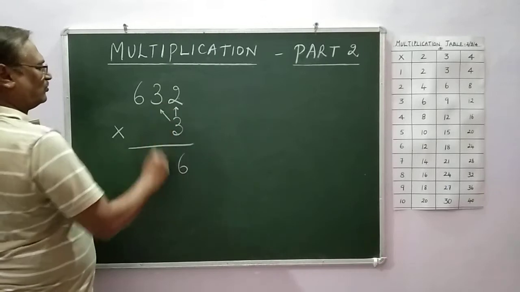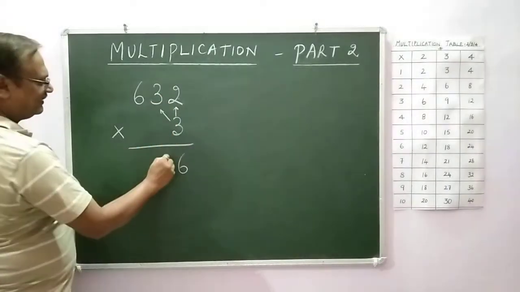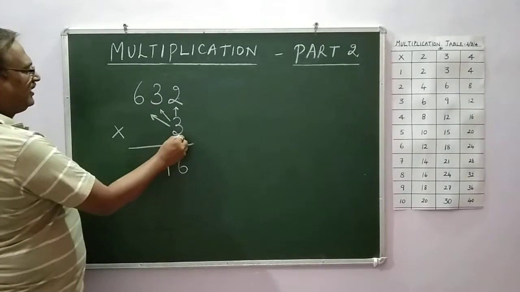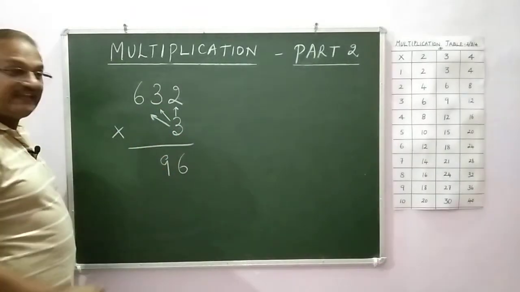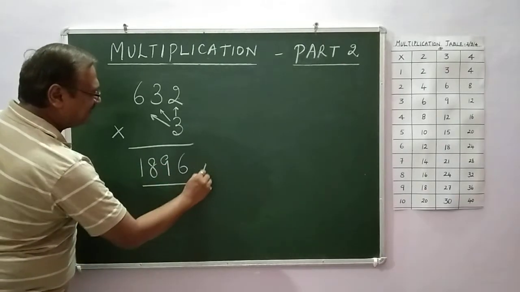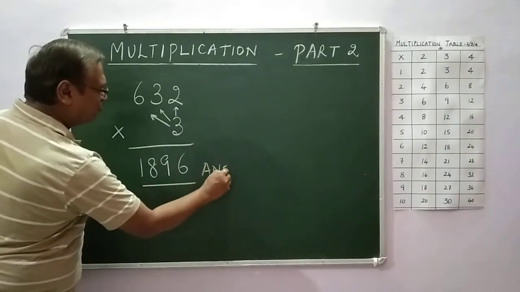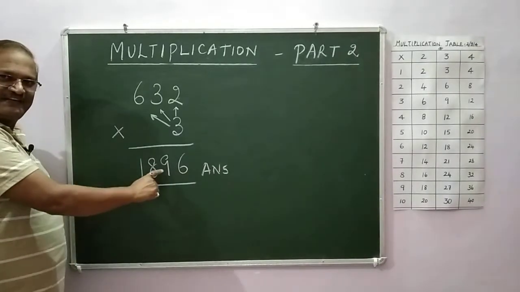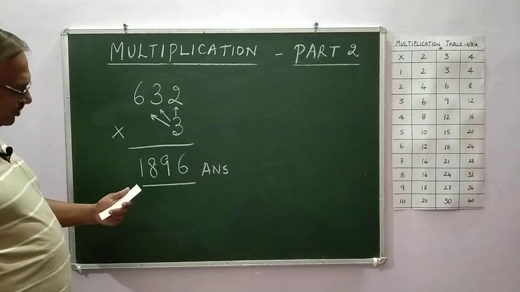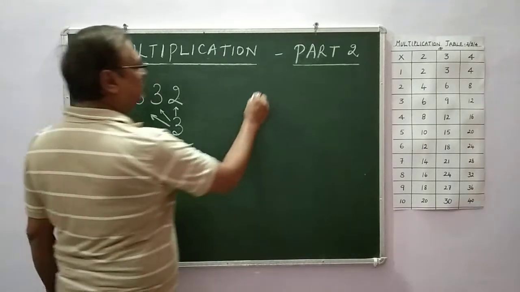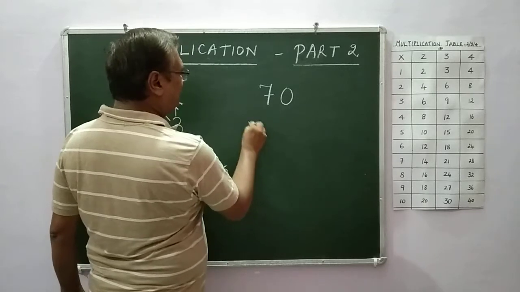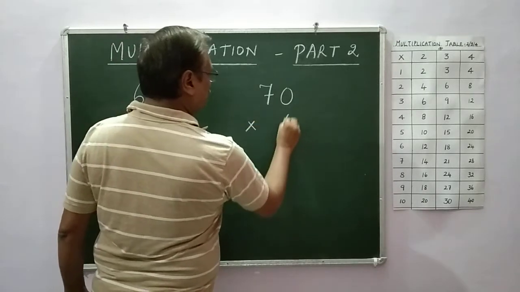I put an arrow. 3 3s are 9. Then I put another arrow. 3 6s are 18. So our answer is 1896. Right?